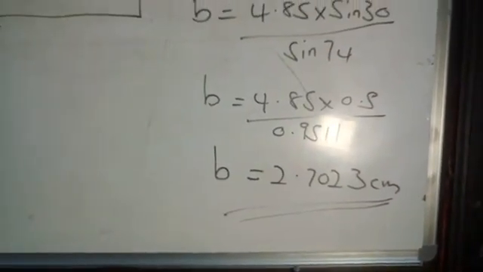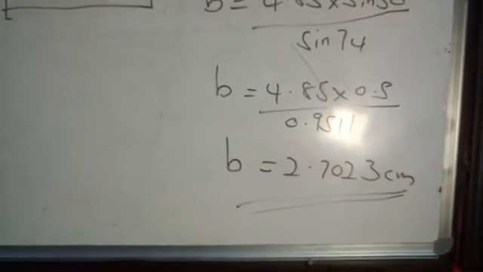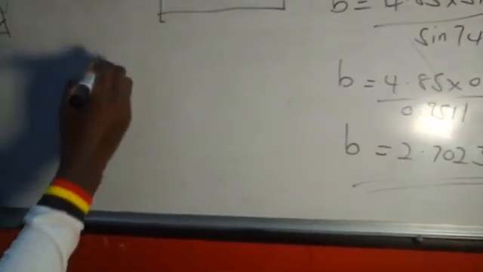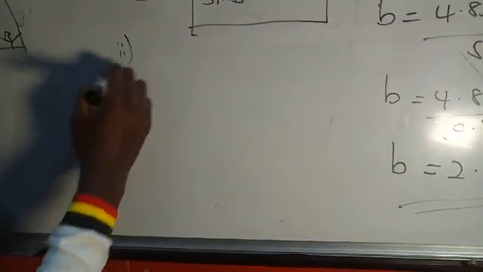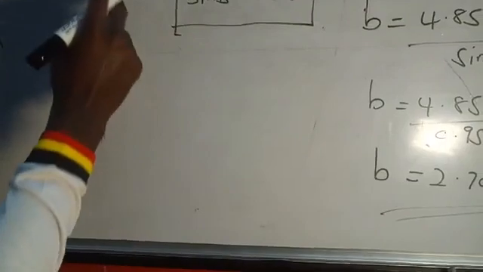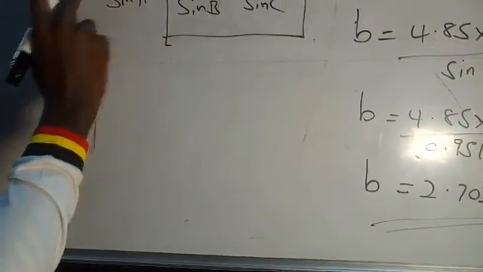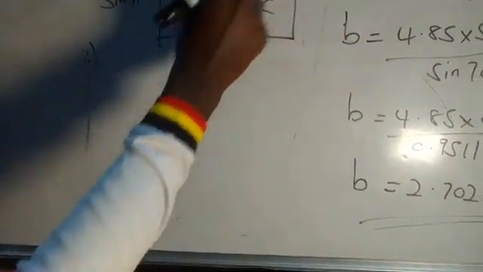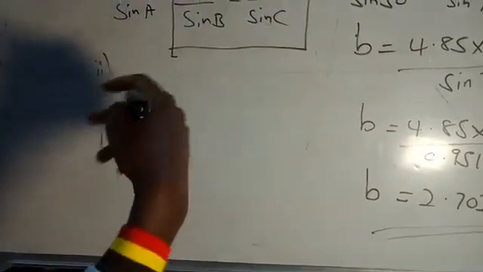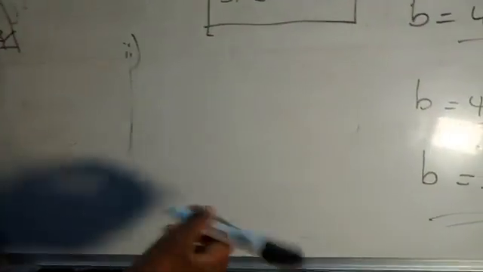So let's go to part 3 of the question to find side a. We can choose a over sine A equals c over sine C, whichever you want.